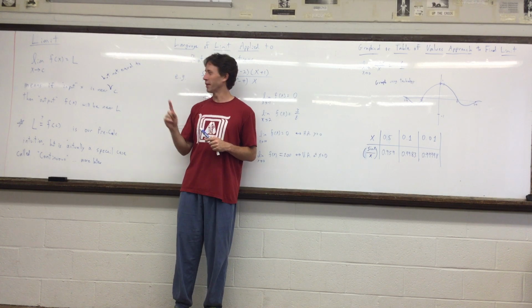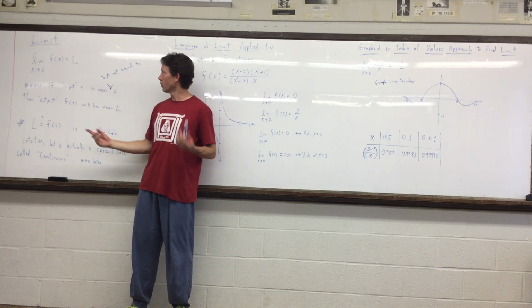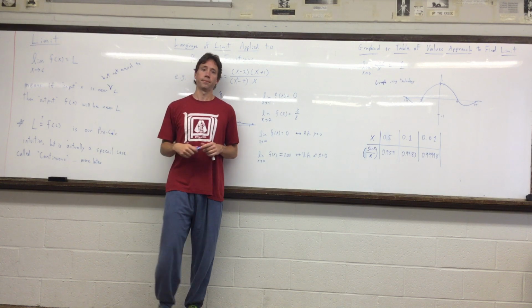We'll see why that's important in a little bit. So if the input is near c, what's going to happen to the output? Well, according to this statement, the output will be near L. Okay?